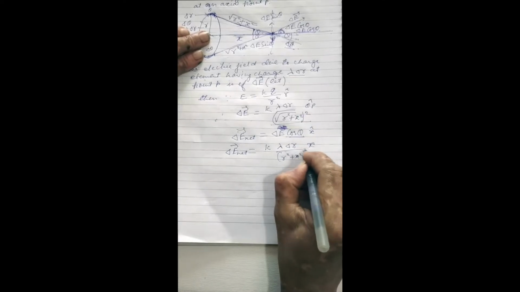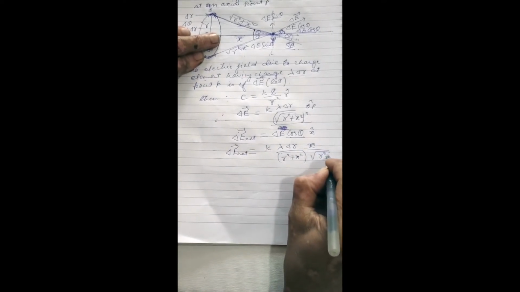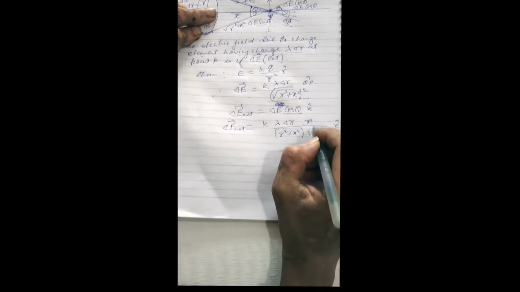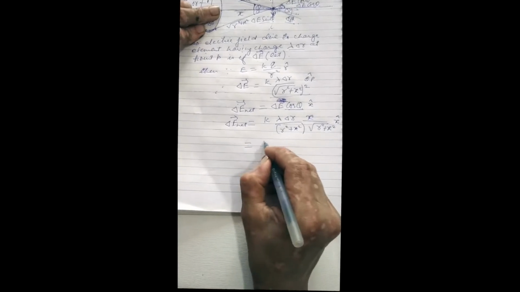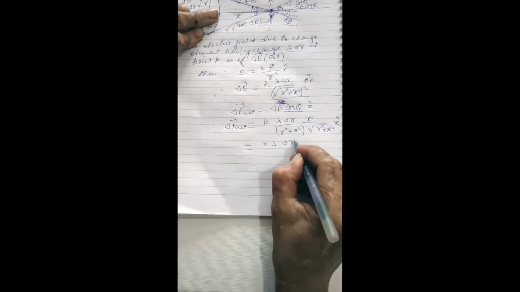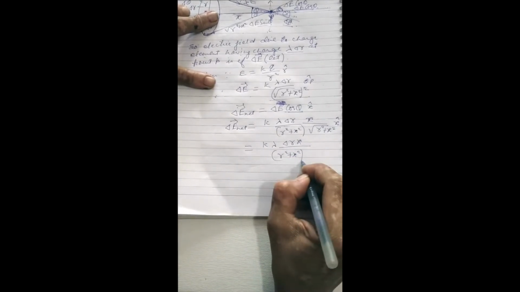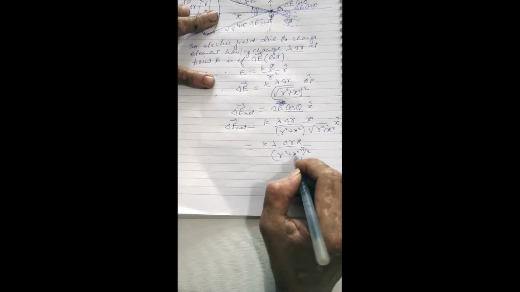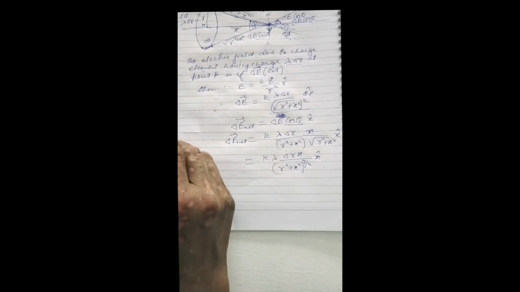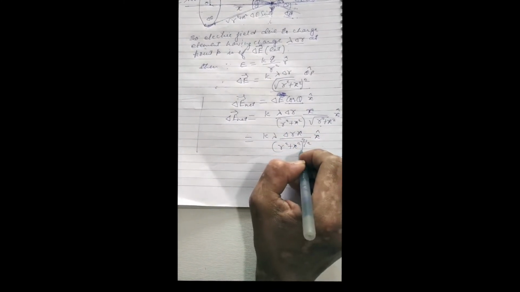So base is equal to x by hypotenuse is equal to root under r square plus x square, and into x square. Now this is equal to k lambda del r x upon r square plus x square whole power 3 by 2 into x square.